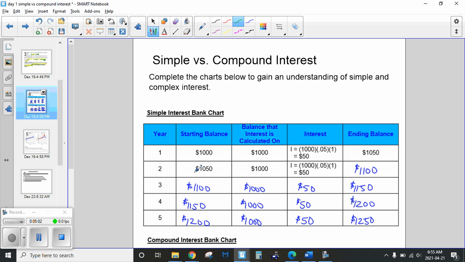You start year 2 with that bank balance, but interest is only calculated on the original 1,000. So you're still going to earn $50 in interest, tack that onto your previous bank balance, and that's what you'll start the next year with. So I've stopped showing the calculations just to simplify it a little bit. But with this simple interest, this is always the same.